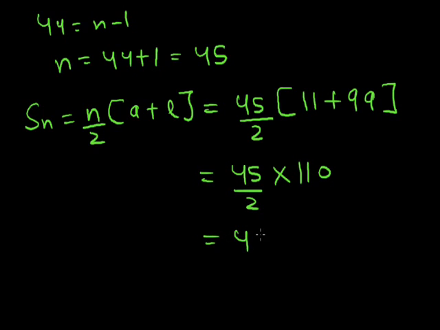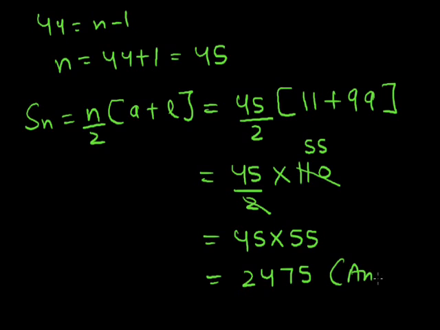Now we cancel this 110 by 2, and we get 55. So 45 into 55 is 2475, which will give you the sum of all two-digit odd positive numbers, which is equal to 2475.